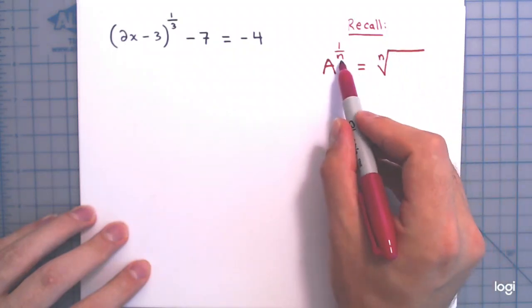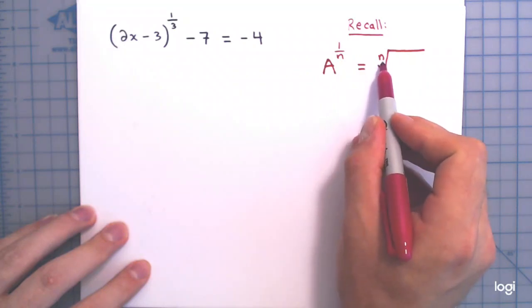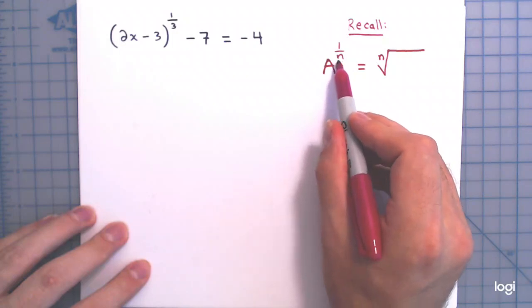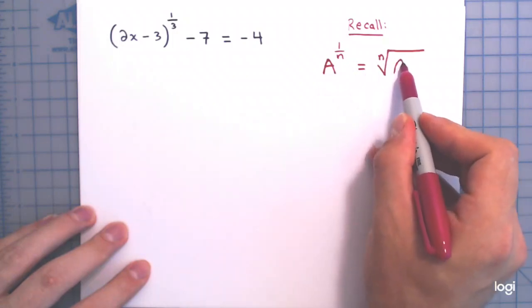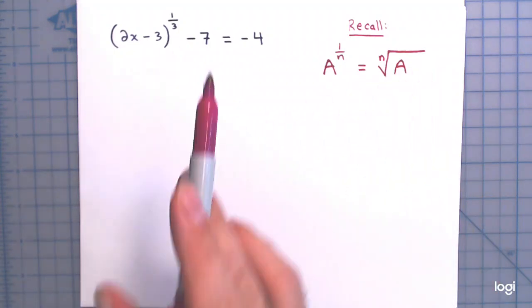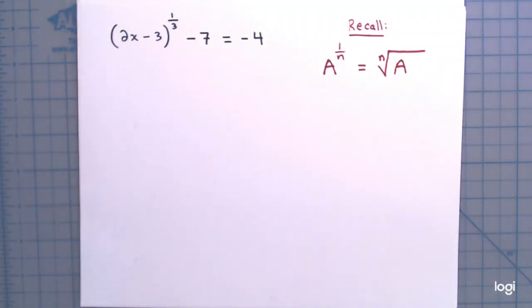So the denominator of the power is like the index of the radical, and the base underneath that power is going to be the radicand. So if you remember this, then anytime you see an equation where there are variables raised to fraction powers, it really is like a radical equation.